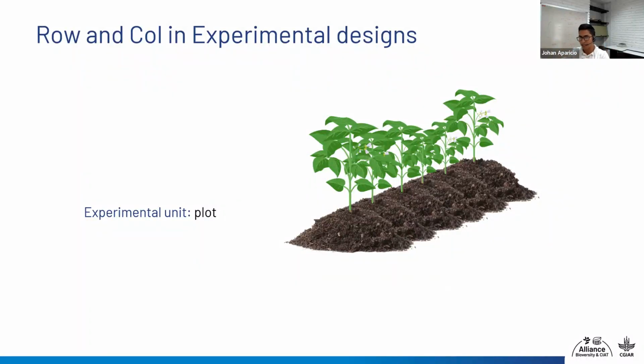Even though we have, for example, randomized an experiment in RCBD or CRD, alpha lattice, etcetera, we are able to add 2 additional columns to the randomization, which is basically this layout that Didier was showing us previously. So here I have different figures just to explain a little bit about the concept.